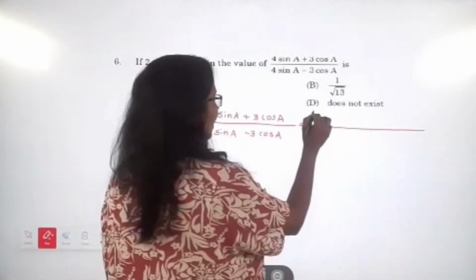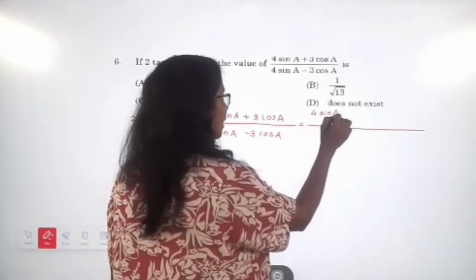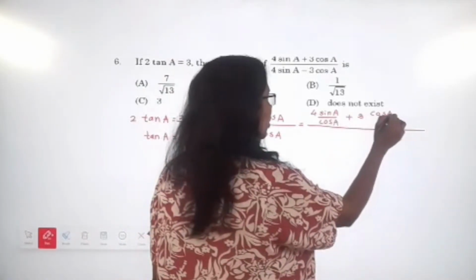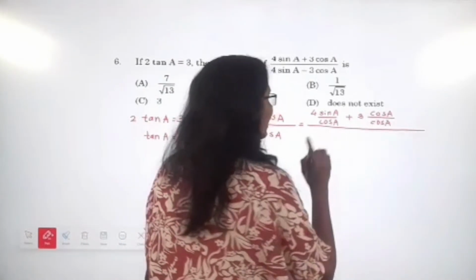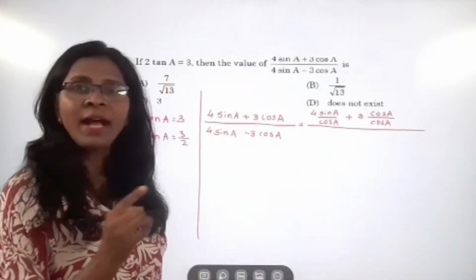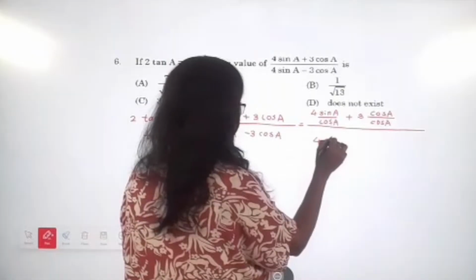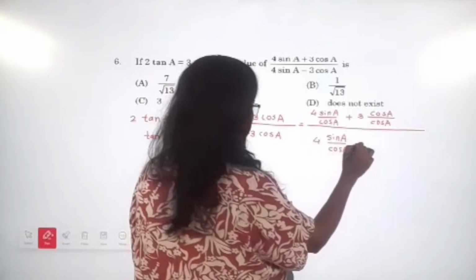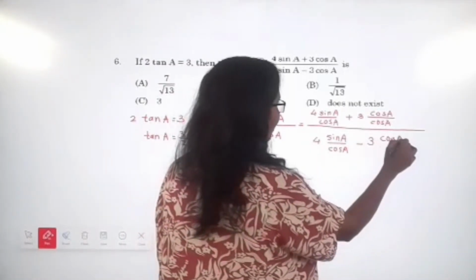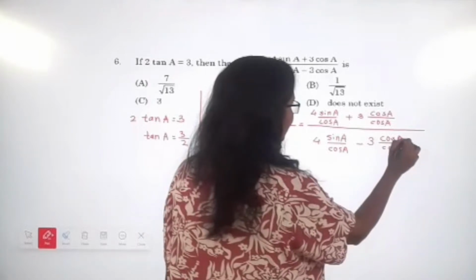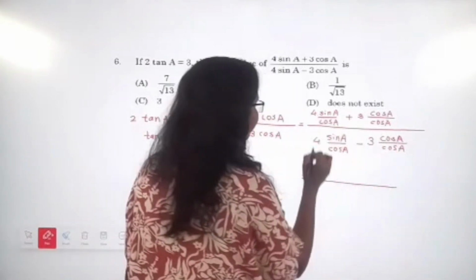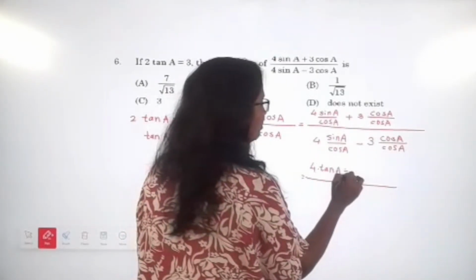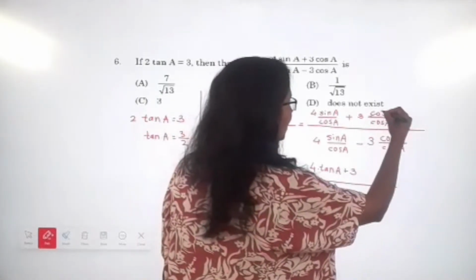So student, let us see that dividing by cos A. So here 4 sin A upon cos A plus 3 cos A upon cos A. So each and every term I divide by cos A. So here 4 sin A divided by cos A minus 3 cos A upon cos A. So now here students see that is 4 multiply sin A upon cos A, that means tan A. Then plus 3, and here cos A upon cos A, that means cancel out.